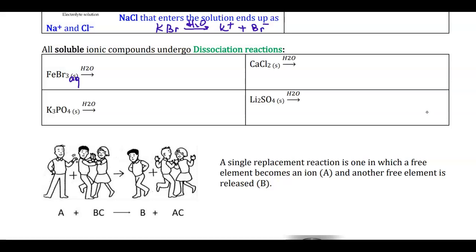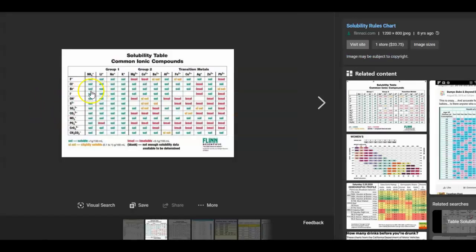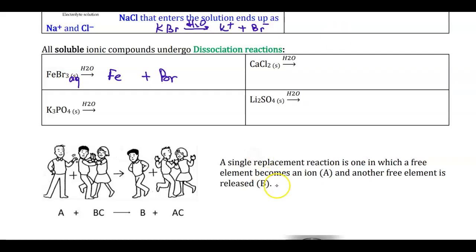It becomes aqueous and gives us iron and bromide. Now we take a look at the solubility table, and we can see that bromide is negatively charged, one negative, right?